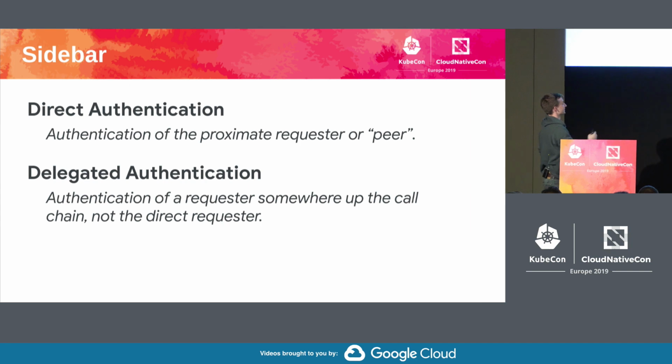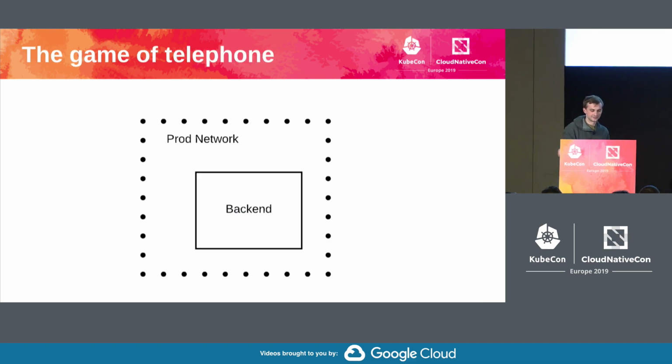An example of delegated authentication would occur if a backend authenticates an end user that made a request that traversed through a front end. So that's a delegated authentication. Now with that background, we went through that rather quickly, but hopefully as we go through our scenario, some of these concepts will be clearer with examples. So let's hop into our game of telephone.